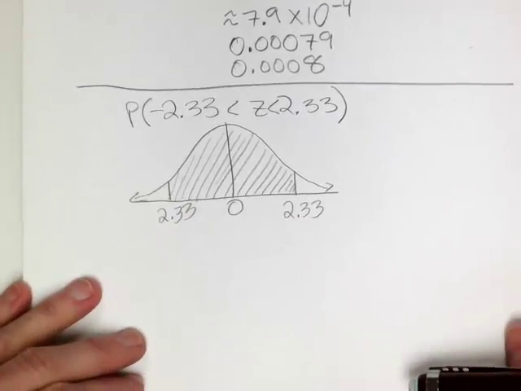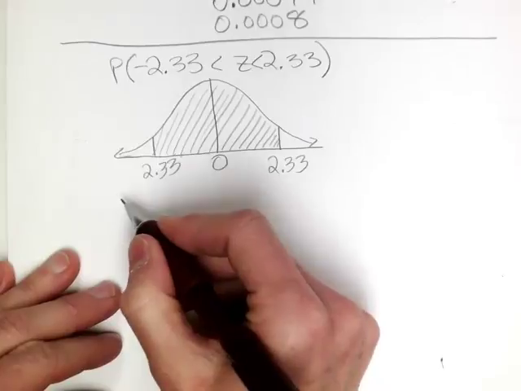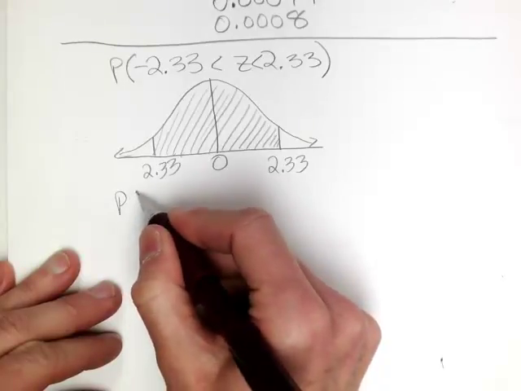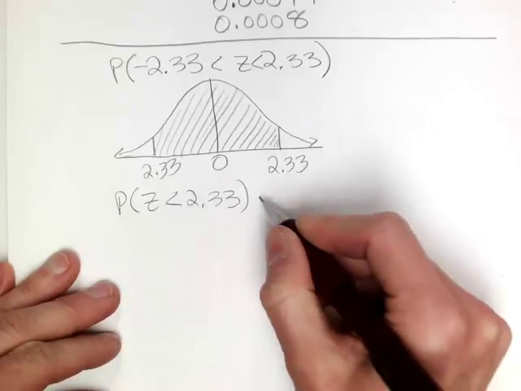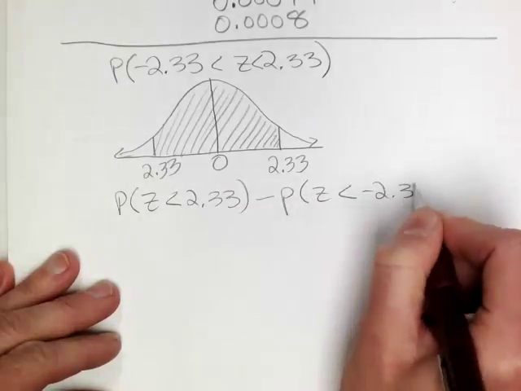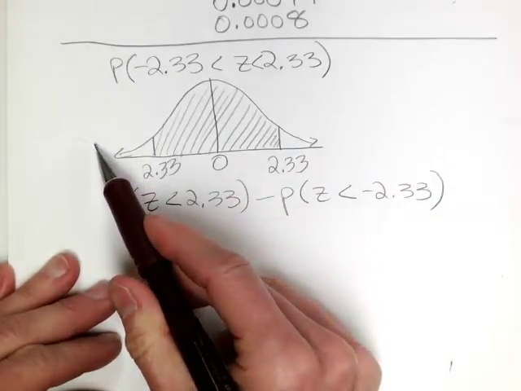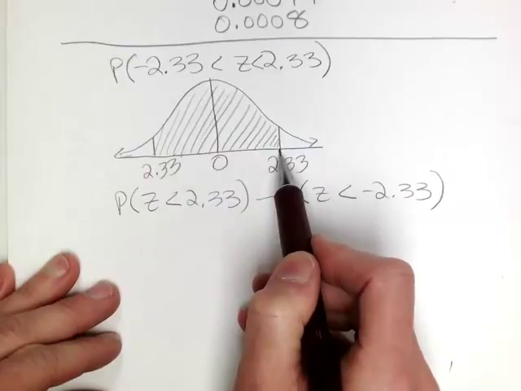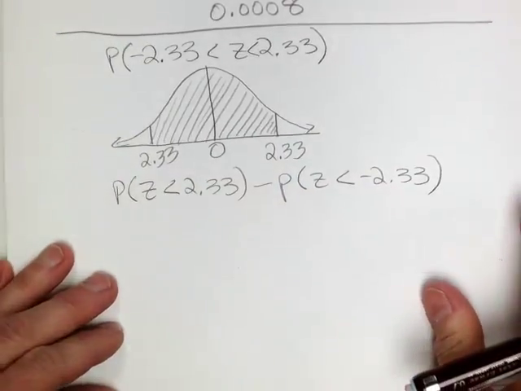So using the table, I can take it apart and rewrite it as the probability z is less than 2.33, subtracting the probability z is less than negative 2.33. Okay, so in other words, I'm finding the total area from negative infinity up to this upper z-score and then subtracting out that tail because I don't want that.